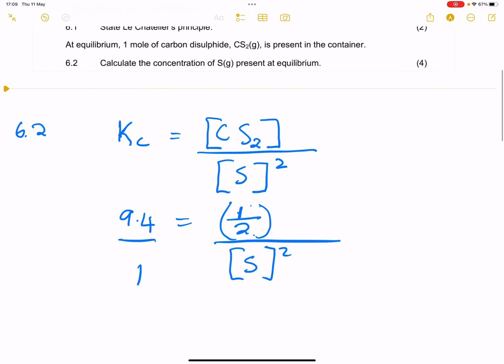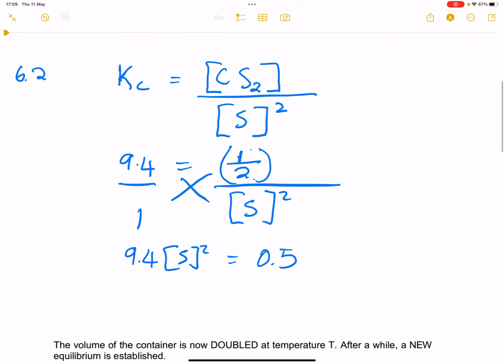Now remember, all we do is just cross multiply. So that would be 9.4 times the concentration of sulfur squared would be equal to 1 times a half, so that would be 0.5. So we're going to divide both sides by 9.4 and take the square root.